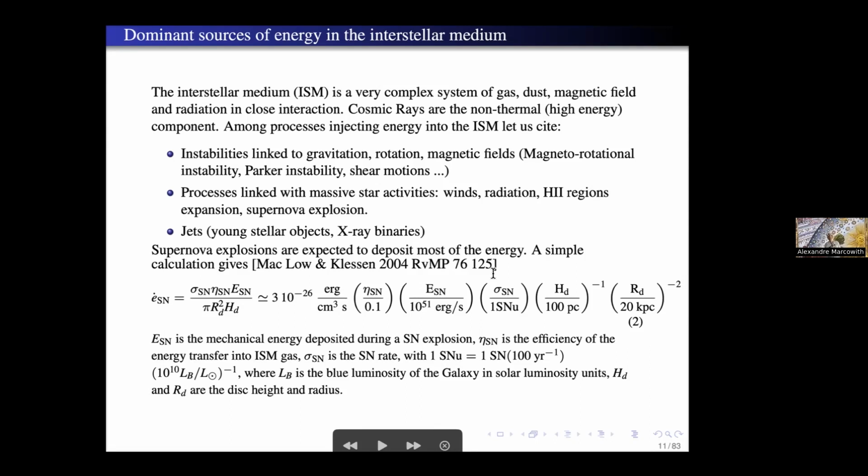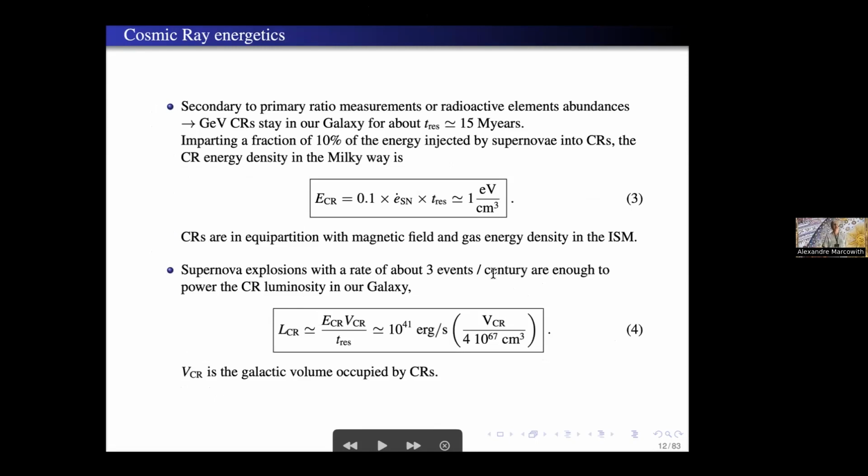The supernova rate is about 3 supernovae per century in our galaxy, and the volume of the galaxy. So you end up with this number, which we will use hereafter to evaluate what fraction of this energy is imparted into cosmic rays.